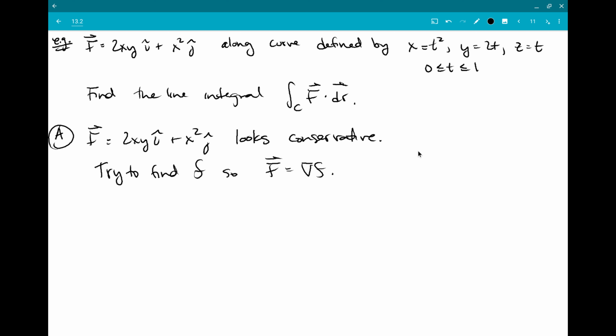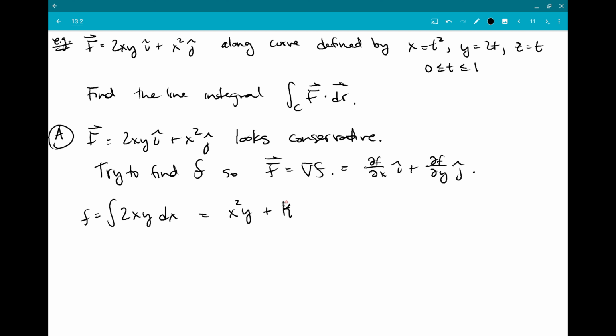And this is something that we covered in section 13.1, so I'm going to go through the steps quickly. But I know that it should be the derivative with respect to x in the i component, derivative with respect to y in the j component. So I know that my function f should be given by the integral of 2xy with respect to x, which would give me x squared y plus some unknown constant that depends on y.